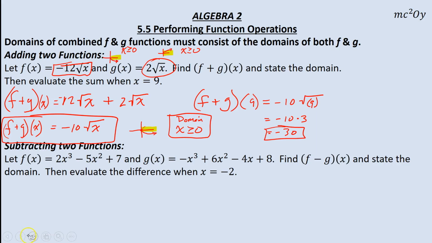Okay, so you could actually start out by doing that, right? I mean, this first one here, subtract the two functions. We're subtracting them and state the domain. Well, this is a cubic. So when I'm thinking of domain, let's start with that this time. The domain of a cubic, well, a cubic does something like this, right?